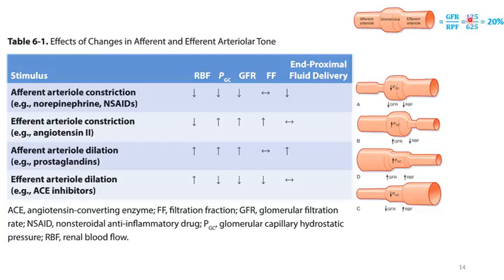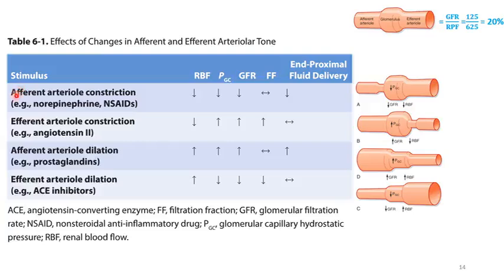Normally GFR is 125, and renal plasma flow, considering it as 50% of renal blood flow, is about 625. By dividing these two values, filtration fraction is calculated as 20%. 20% of plasma is filtered from the glomerular capillary into the Bowman space for both kidneys. Okay.